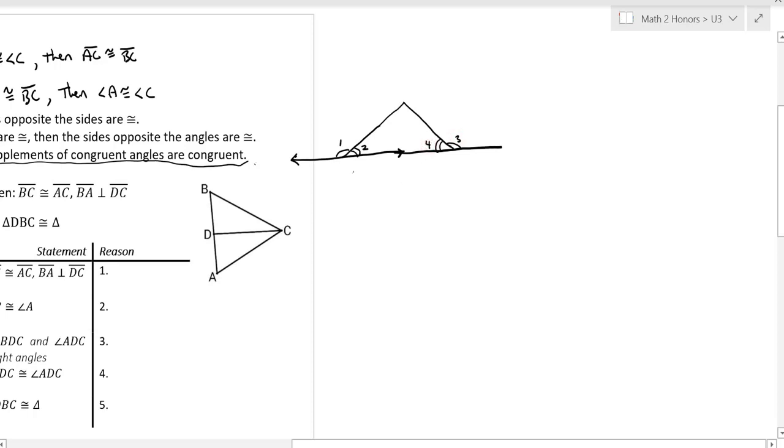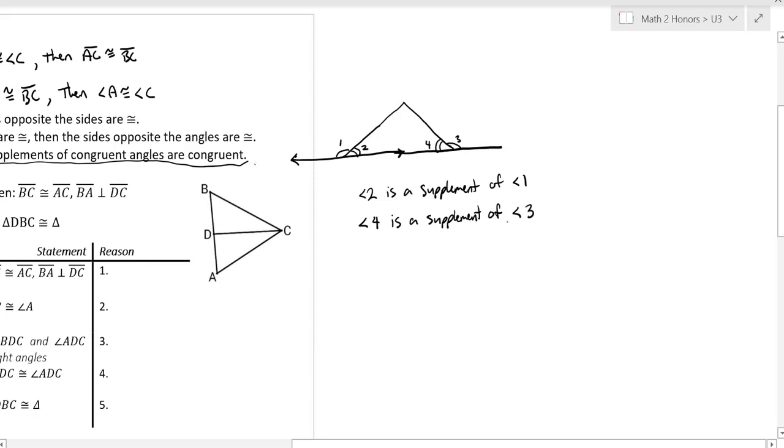We could say that angle 2 is a supplement of angle 1. We can also say angle 1 is a supplement of angle 2. They're supplementary, which means they both add up to 180 degrees. We could say that angle 4 is a supplement of angle 3.